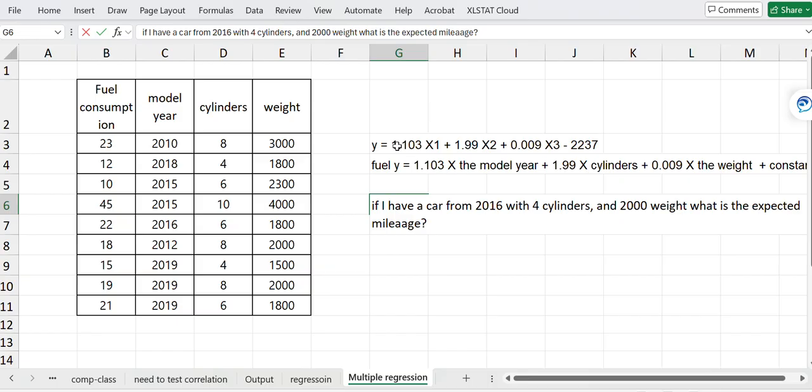So if I have a car from a given year, etc. How do we do this? Now we have the equation. We are given the values for x1, x2, x3. We have to find out the y.